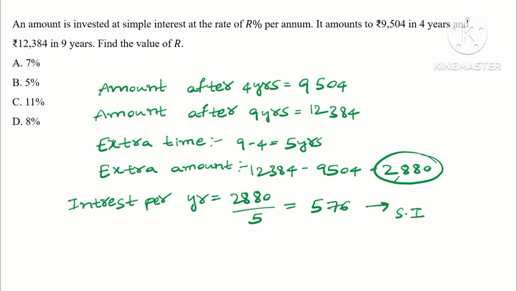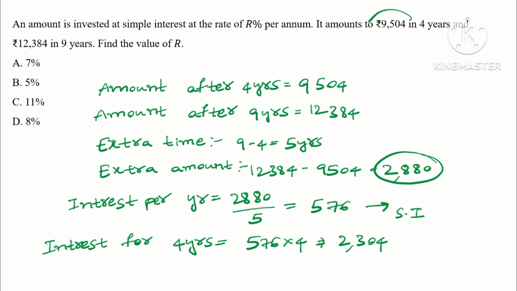Let's find out the interest for 4 years. Interest for 4 years equals to 576 into 4. We get 2,304. So let's find out P, principal. We know amount equals to principal plus interest.